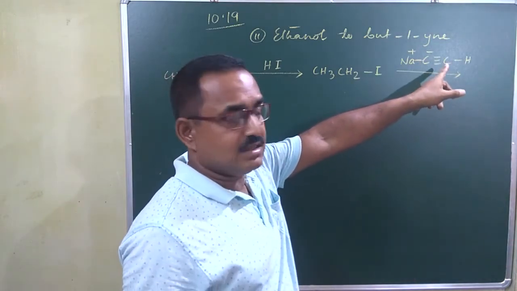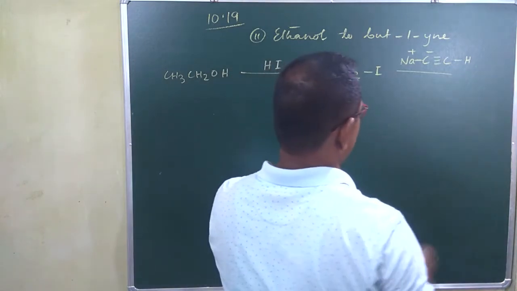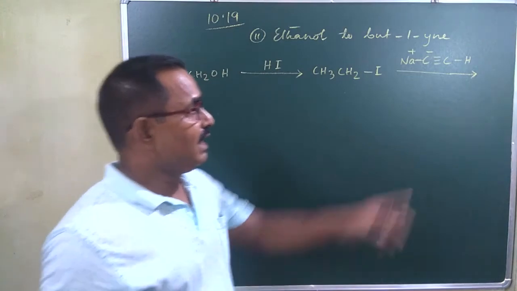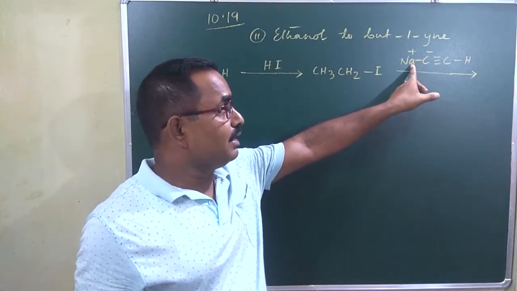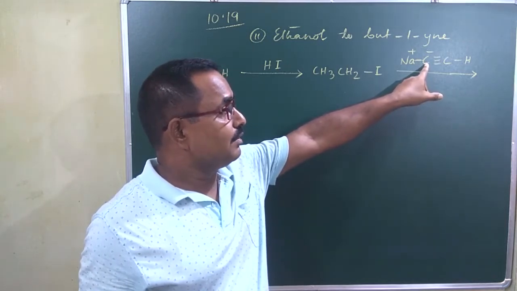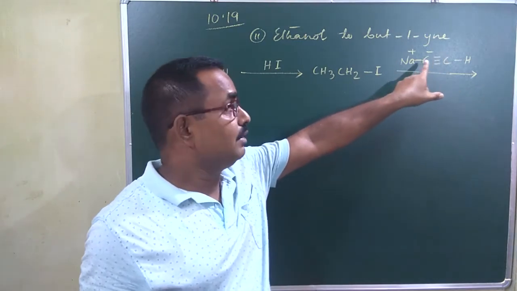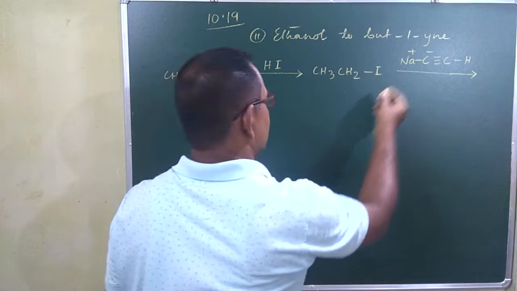sodium acetylide. We know that terminal alkynes are acidic. So hydrogen in the terminal carbon, the carbon containing the multiple bond, may be replaced by a metal ion. Now what will happen?